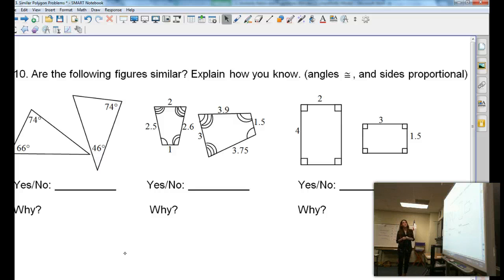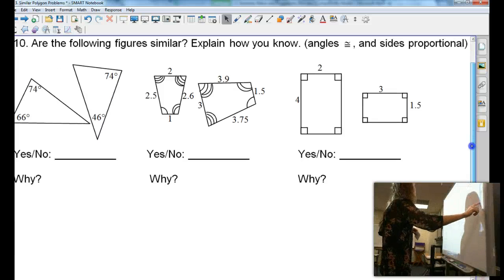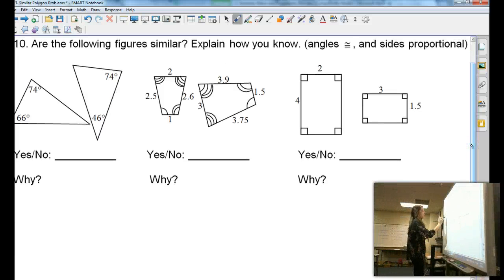So let's check this first one. Number 10A, the first one. I want you to find the missing angles. Find this angle and find this angle and decide if those are similar. Go. Find the missing angles. Add them up and subtract from 180.